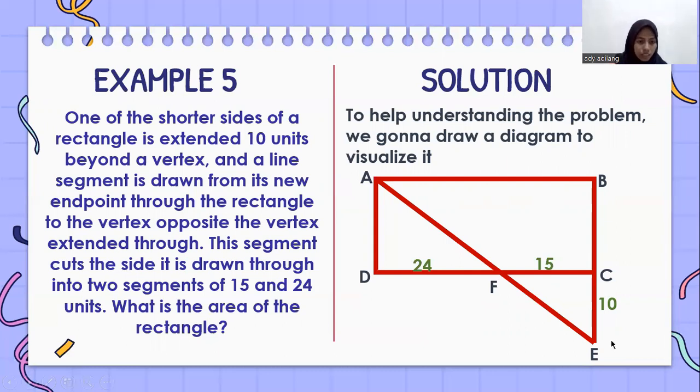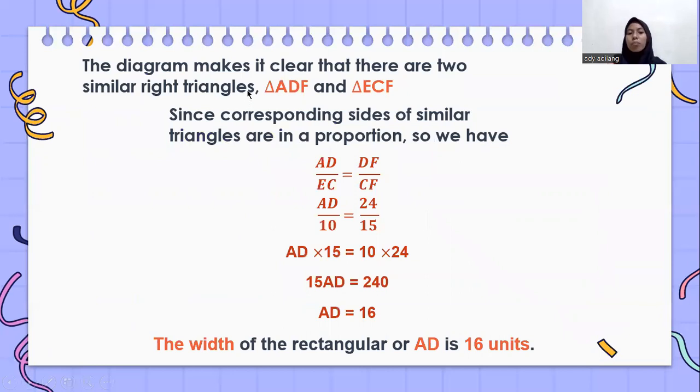Then draw this line from A to E, where F is the vertex opposite the vertex extended. Next, the diagram makes it clear that there are two similar right triangles. So from the diagram, we got the ADF triangle and the ECF triangle.